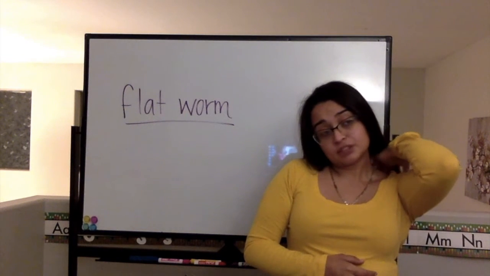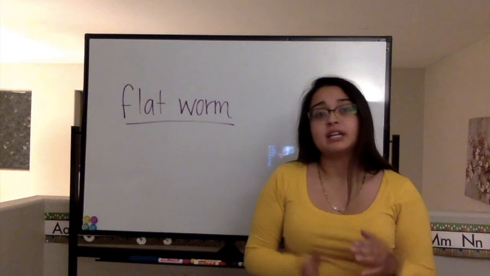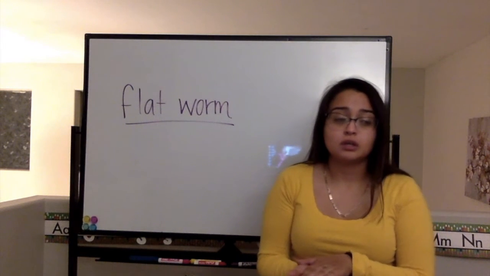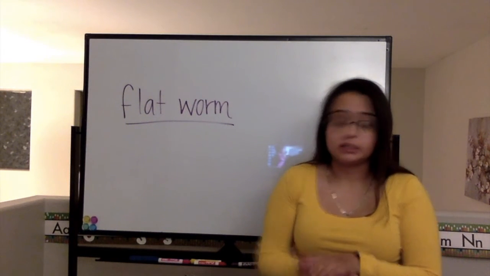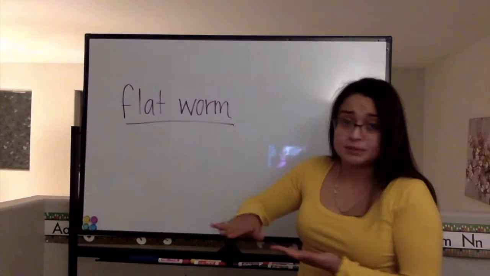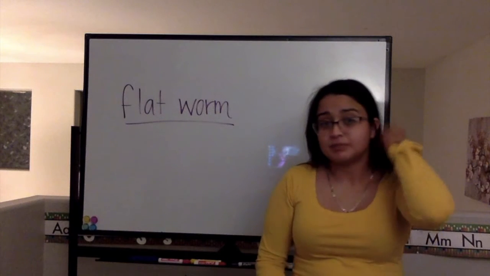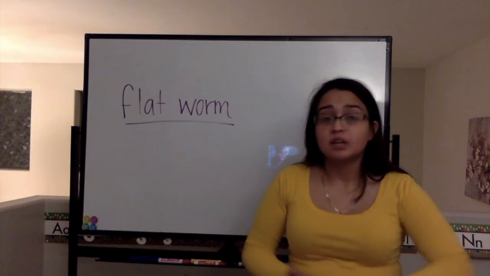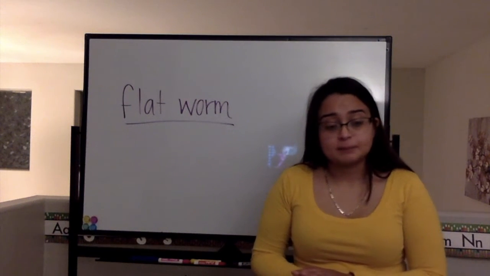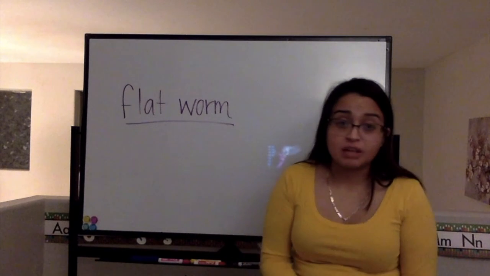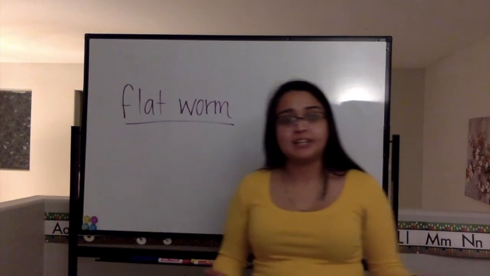Now, because of its structure, whenever it is able to go, let's say there's a corpse of a roadkill, okay? Something was run over on the road and let's say a flatworm got to it, however it did.